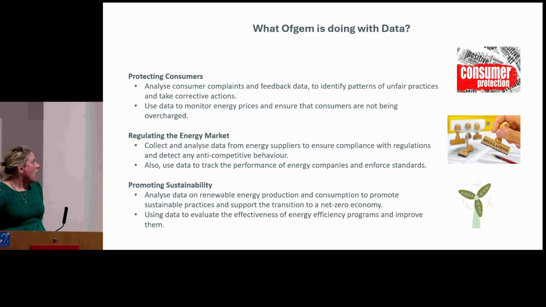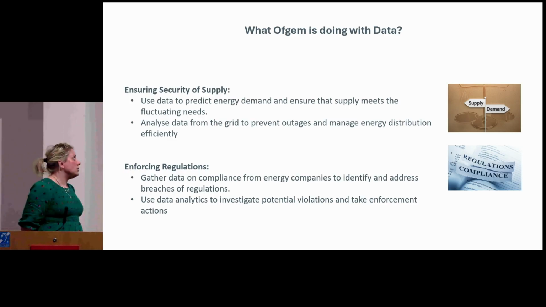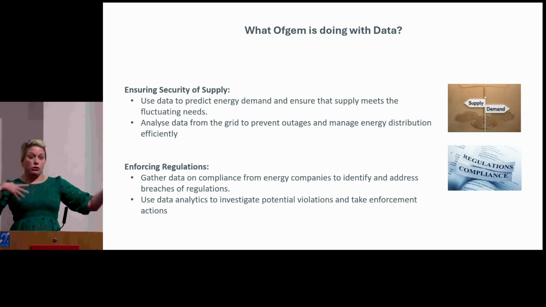On that as well, a couple of other bits and bobs. The security of supply is to make sure that we're looking at supply and demand as a whole, and that we do have enough energy to meet fluctuating needs. So there's work on monitoring trends and patterns in use, as well as any early signs, warnings or triggers that there's going to be an outage somewhere within the grids, and what we can do with that.